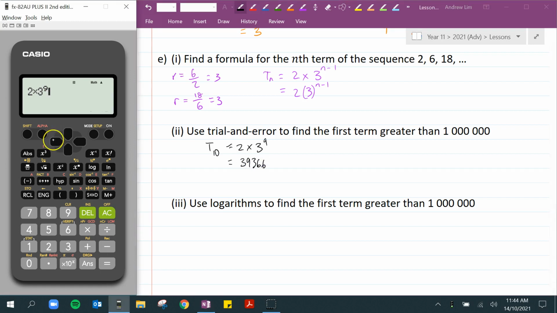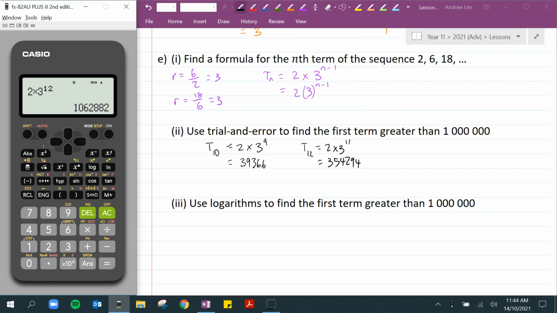That's still too small. What about 11? Okay, the 11th term, sorry, no, this is the 12th term, will be 2 times 3 to the power of 11. That's 354,294.